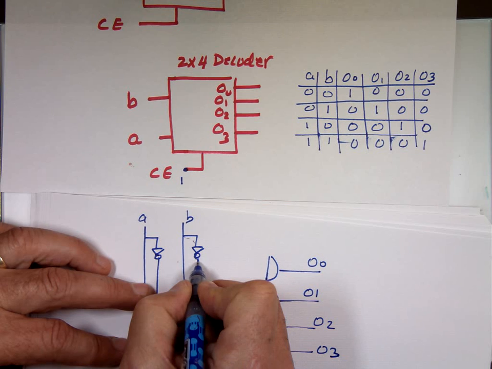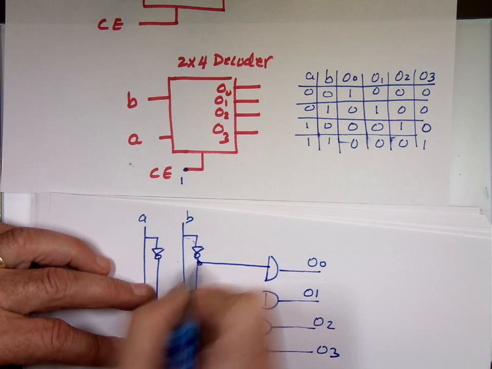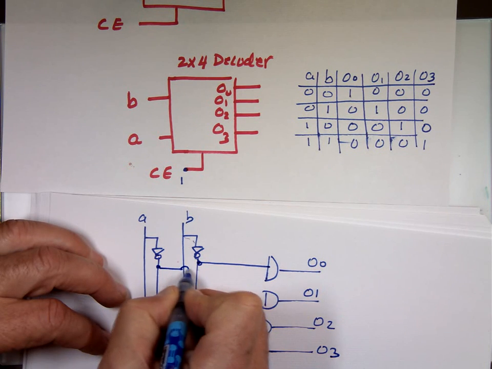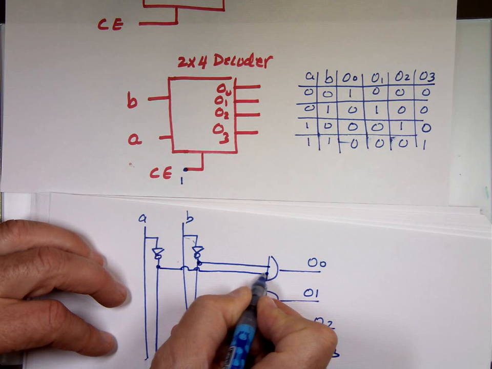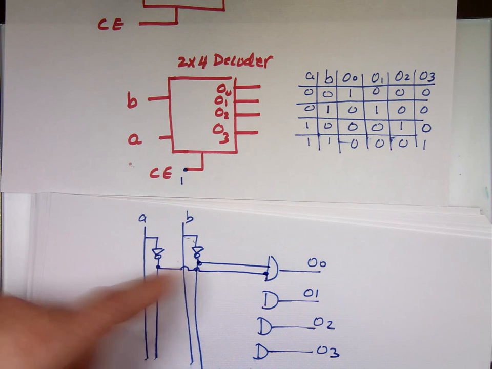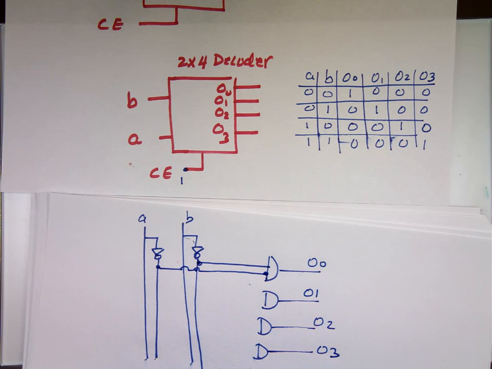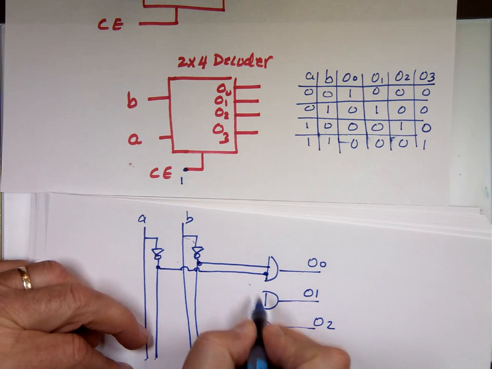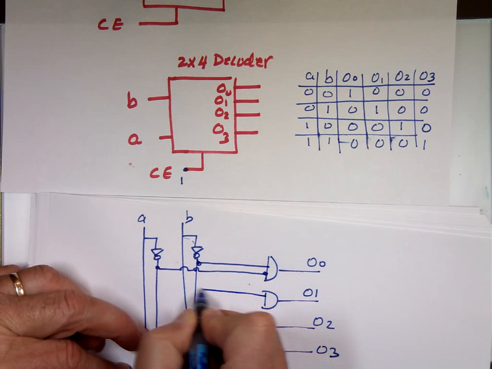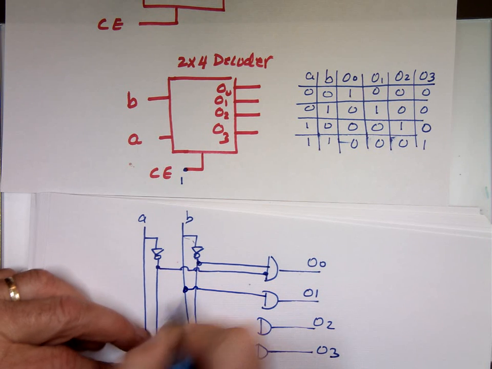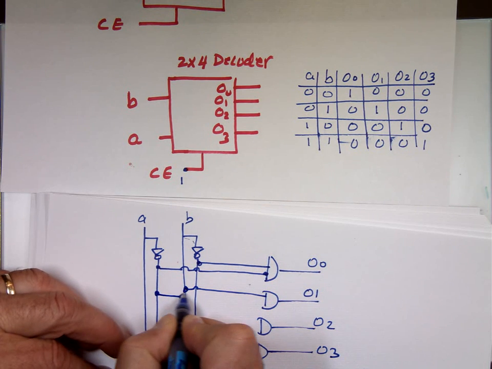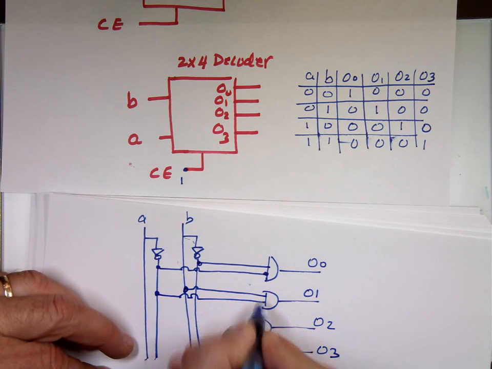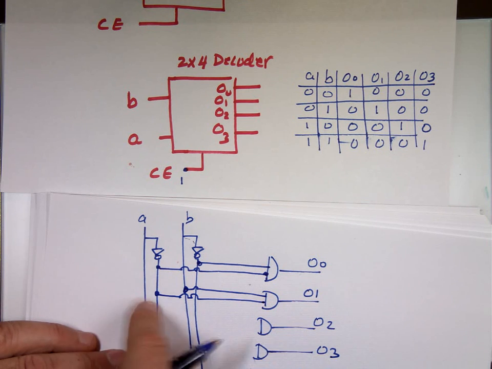The first one is attached to these. When both are zeros, you complement, that's a 1, this AND gate will have a value of 1. Second one is going to have B attached to it, but A not. That's why this guy is on when you have 0, 1.